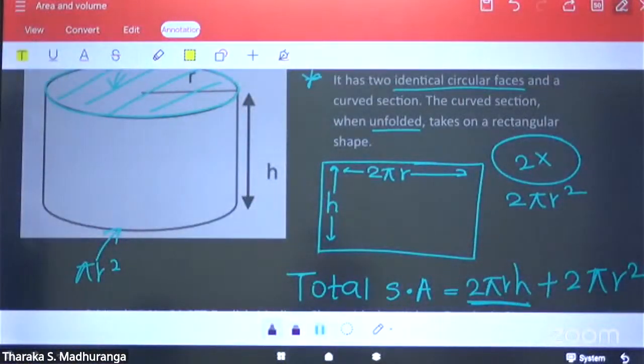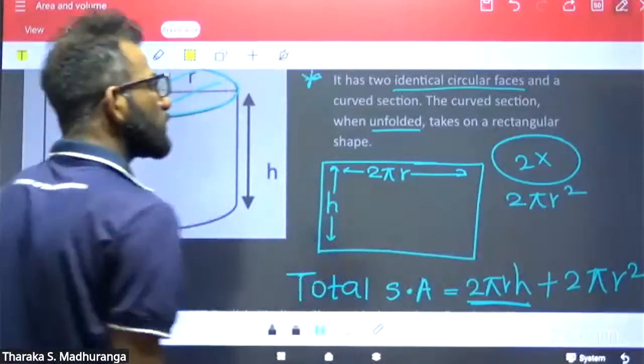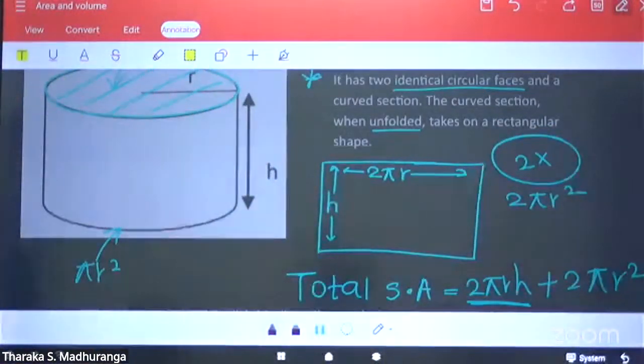Draw the cylinder, second write down this one, then two circles. Finally, write down the equation. Complete.